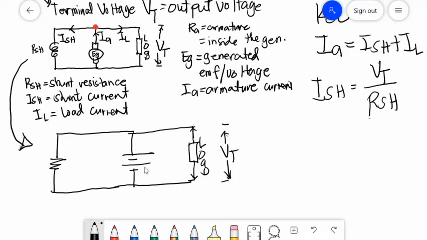RA is the internal resistance of the generator, connected in series. This is your EG.